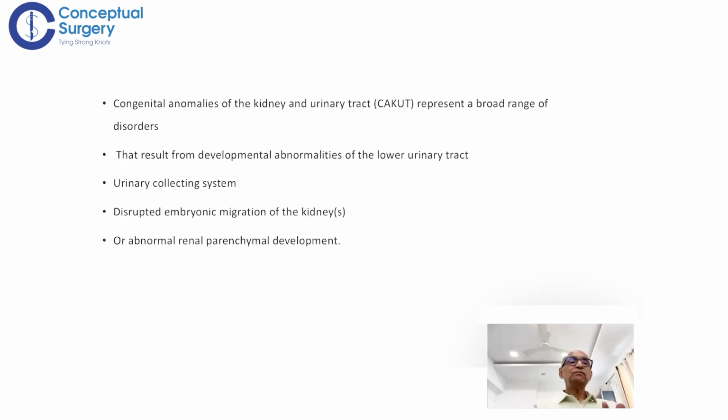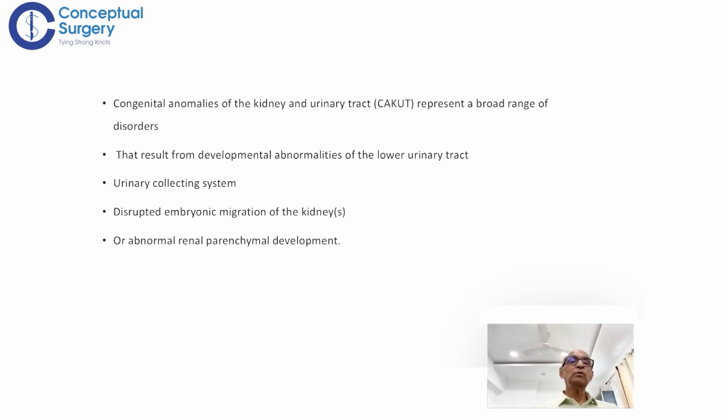Now, the deformities, like I said, which we will discuss today only belong to the kidney. We will not talk about the deformities that go with the lower urinary tract, right? That means we'll talk about the collecting system and some of the cystic lesions of the kidney.